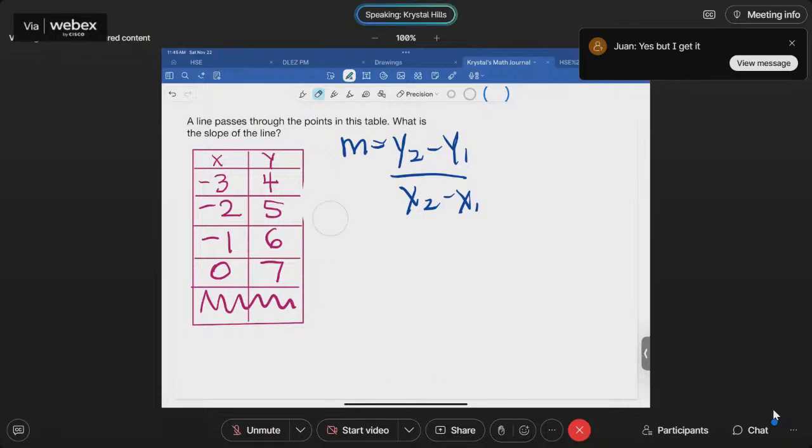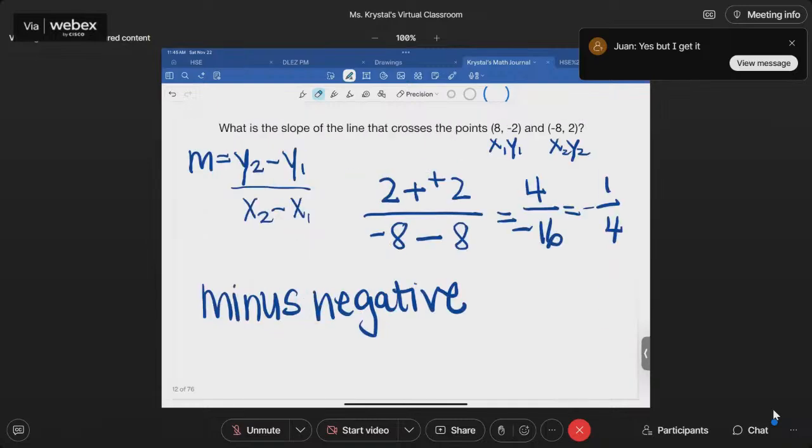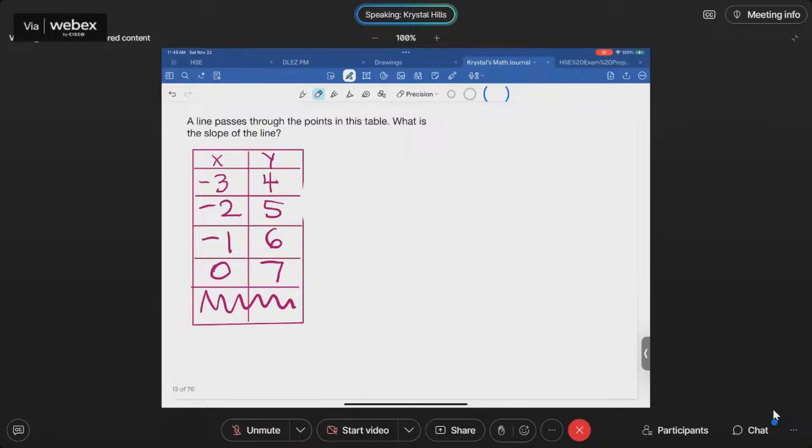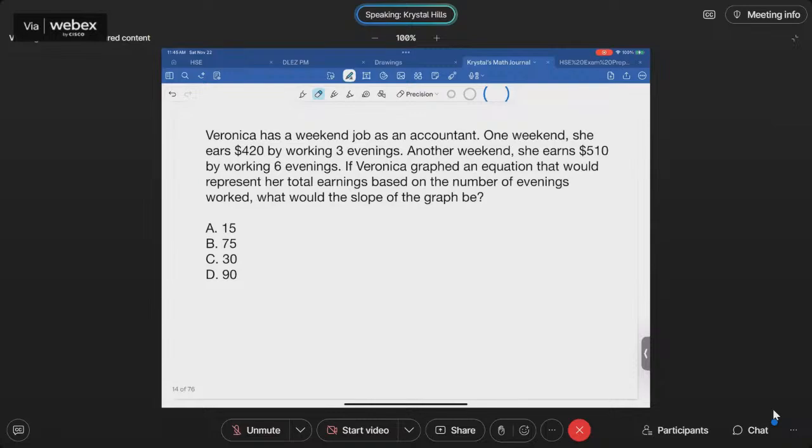All right. So let me show y'all something. This is a way that they ask slope on your exam. This is a way that they ask slope on your exam. And then this is a way that they ask slope on your exam. I actually pulled this from a test. I changed the words and the numbers, but I kept the cadence the same.